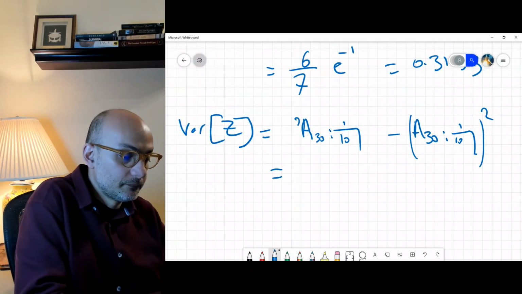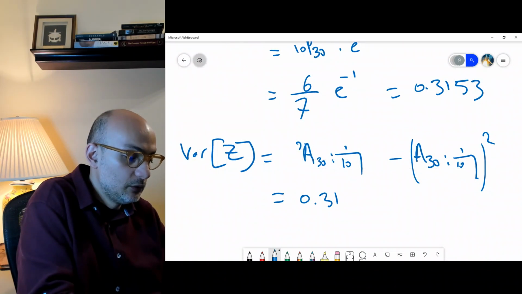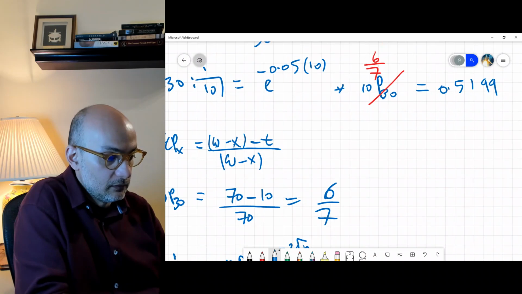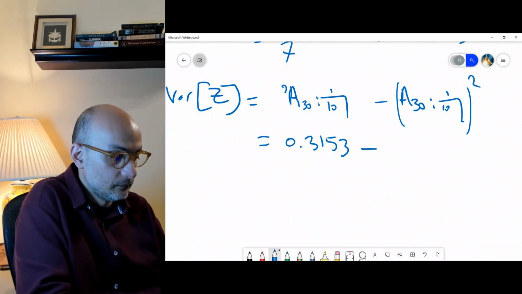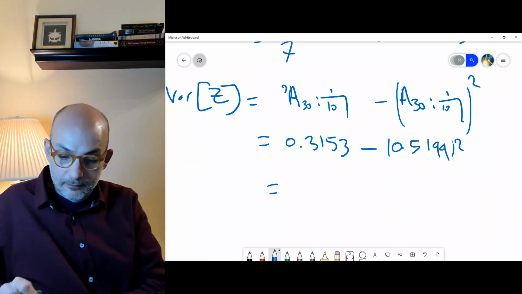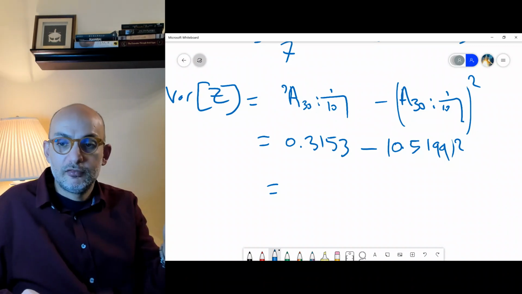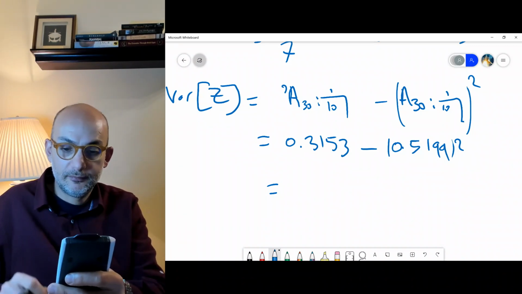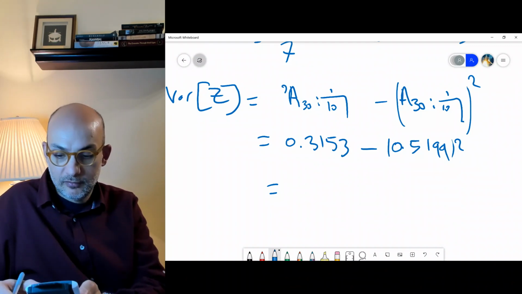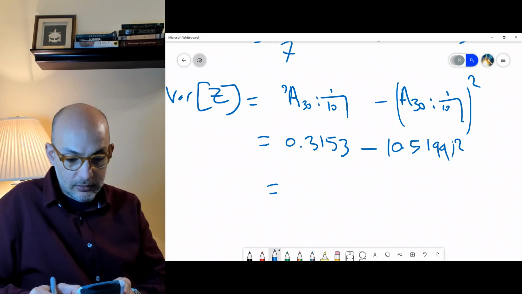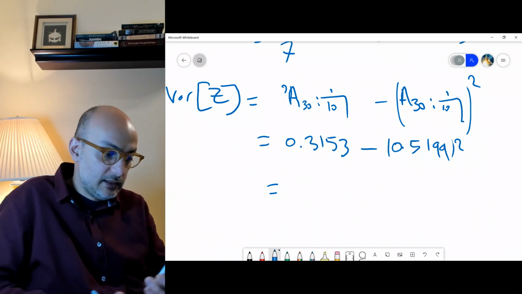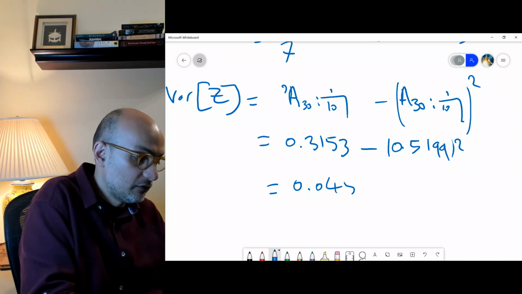This is one way, and this will be 0.3153 minus whatever we got here, 0.5199 squared. Let's do that. I have it saved on my calculator because I just did the calculation. When you have it saved in your calculator it's good, because you can just calculate it. So what you would get here is 0.45.